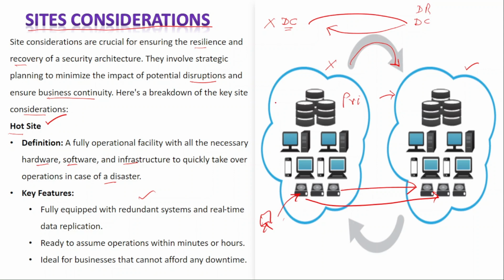So that if a disruption occurs at any time, you have the complete data copy available over here and ready to assume operation within minutes or hours, and ideal for businesses that cannot afford any downtime. So of course you have all the components over here, so you will incur minimum downtime, but the downside is that it is very costly because you are completely deploying a replica of this original data center having all the components.